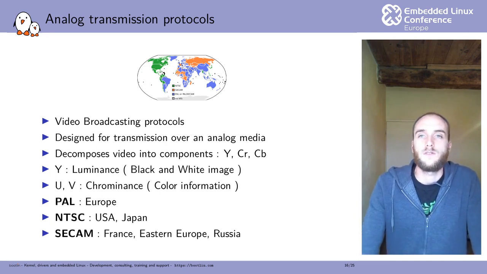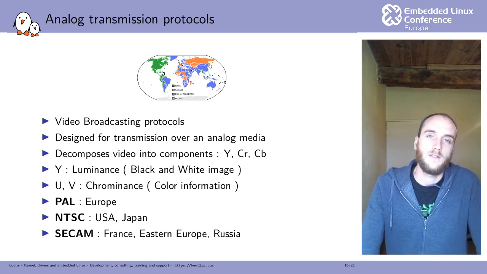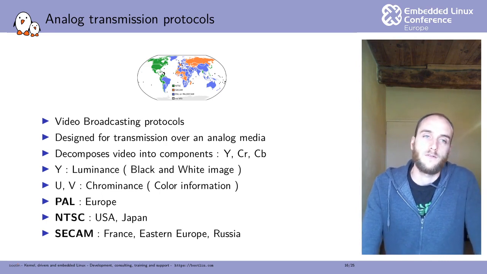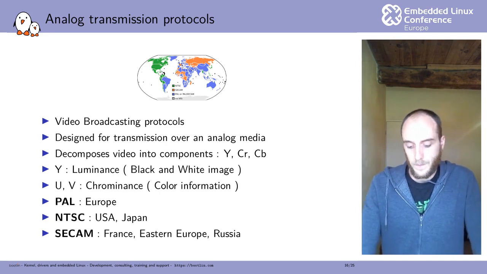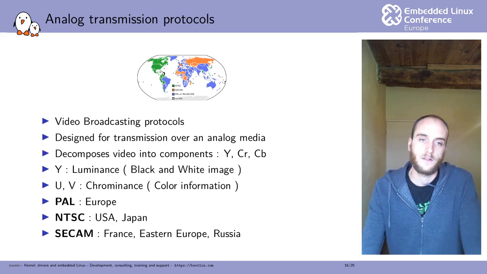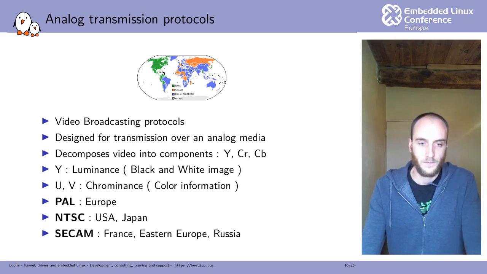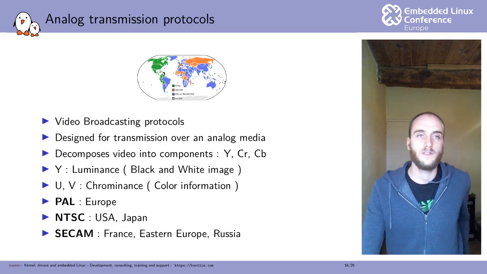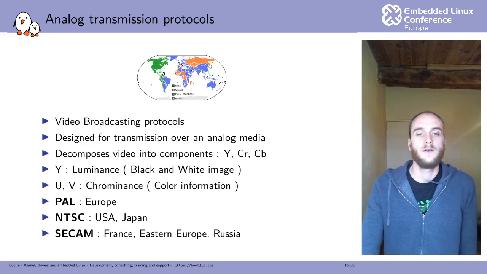These standards were designed to represent how we transmit video signals over analog. Most of the time, what the TV did is that they synchronized their clocks to the power grid in the country. So for PAL, which means in Europe, we have 50 Hertz electrical grid.